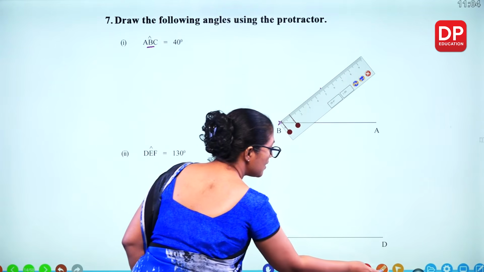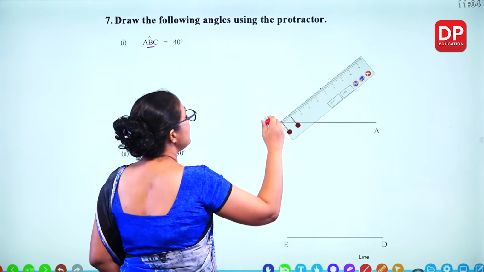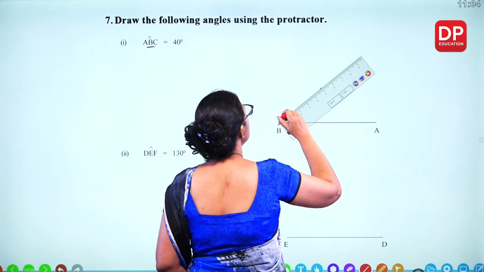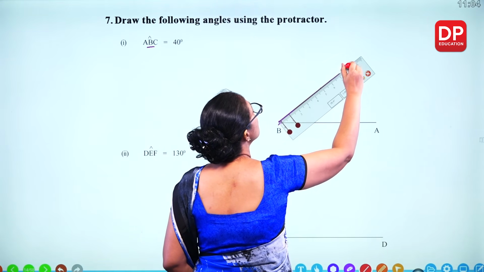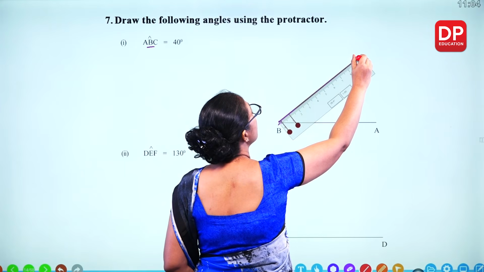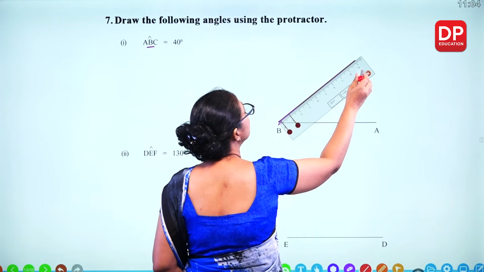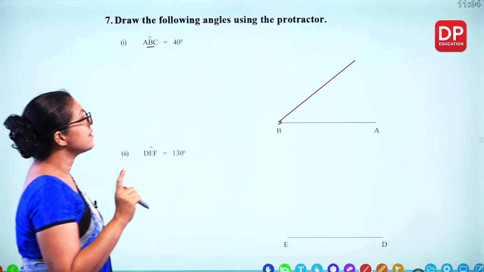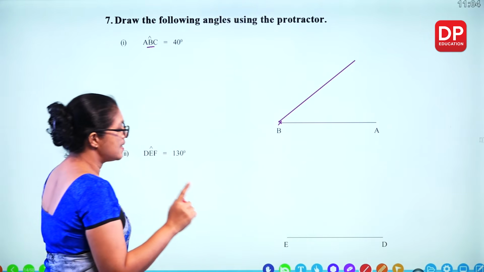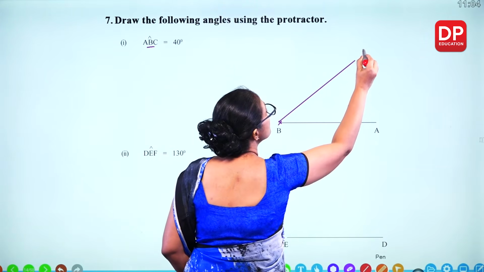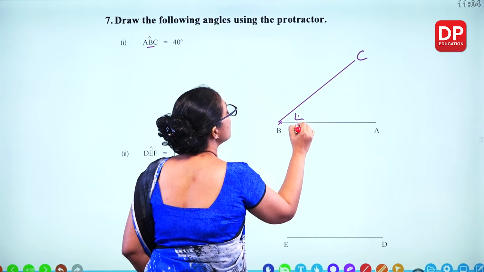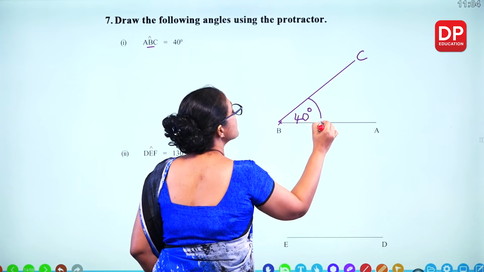Now you take the pen and the ruler, you can mark it. So that's how you mark an angle. So this is the angle ABC 40 degrees. So this is ABC 40 degrees from here.